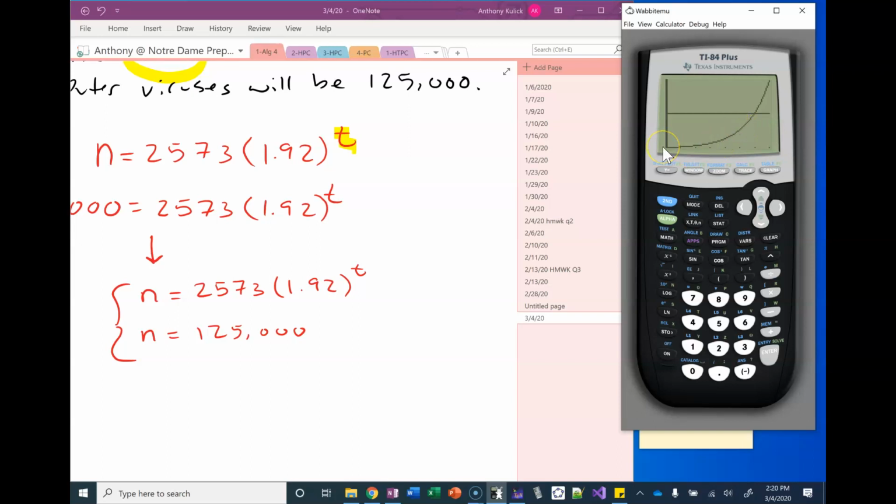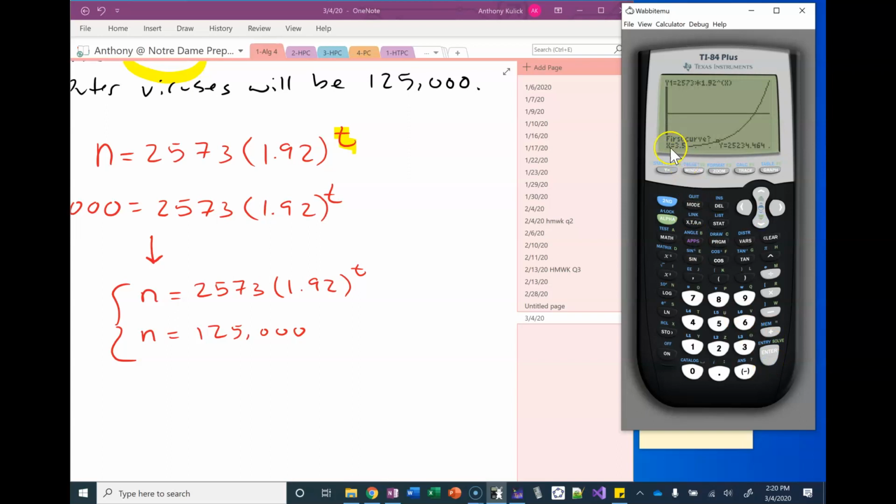To access the menu of options that I can use on a graph, I can press second and the trace button. If I look at this list of options, which one sounds like the one we need? Intersect.